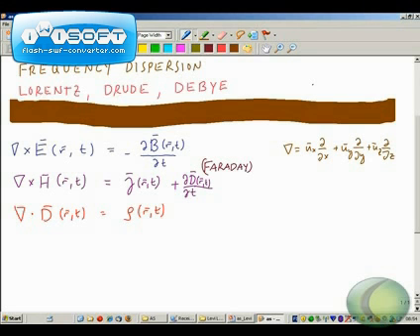And then finally, the corresponding magnetic divergence is 0. So you can see the very analogous thing between the electric flux density and magnetic flux density. Electric charge density, magnetic charge density is 0. So they say that there are no magnetic charges.